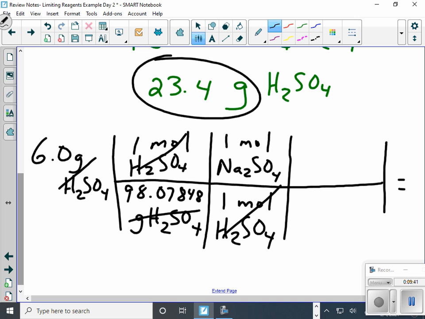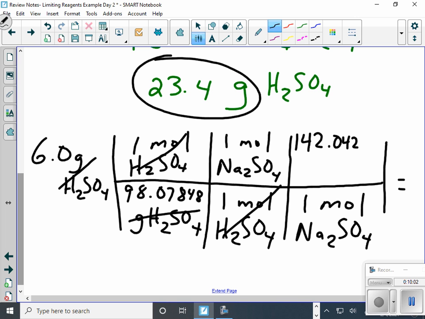So I've used my molar ratio now to convert that into moles of sodium sulfate. I want to define the mass, so I know that 1 mole of sodium sulfate has a molar mass of 142.04214 grams of Na2SO4. So my moles cancel.